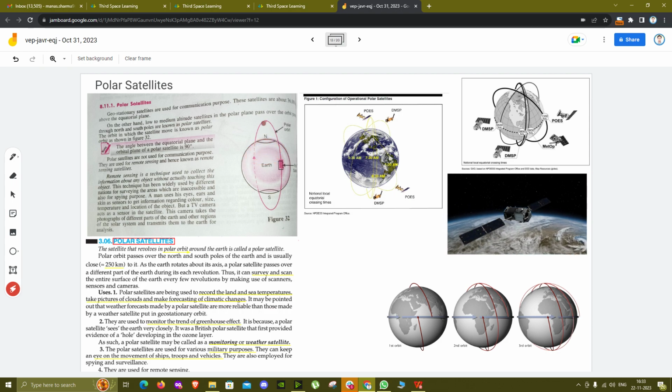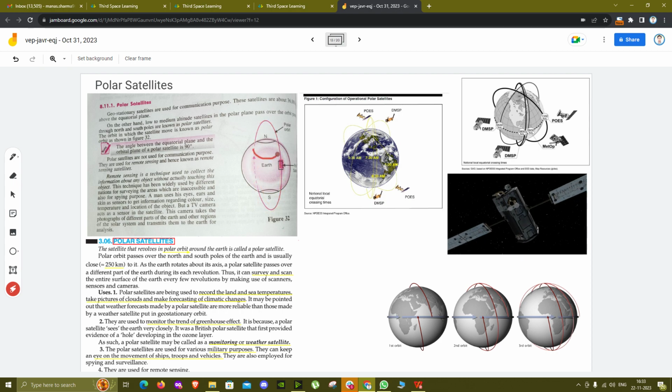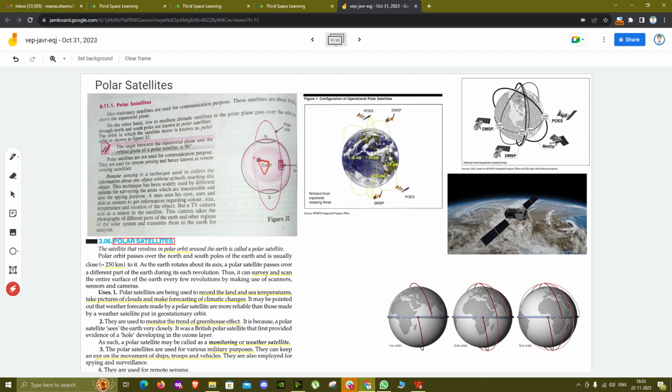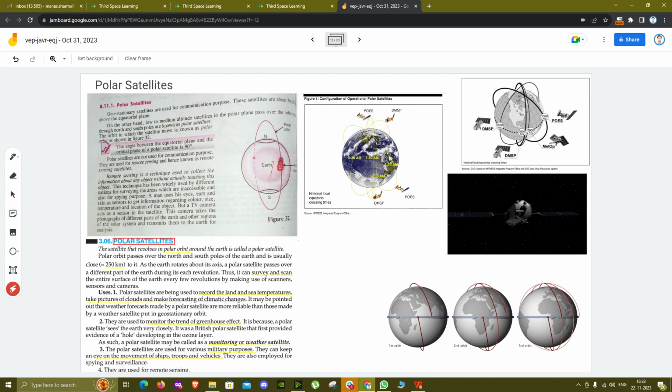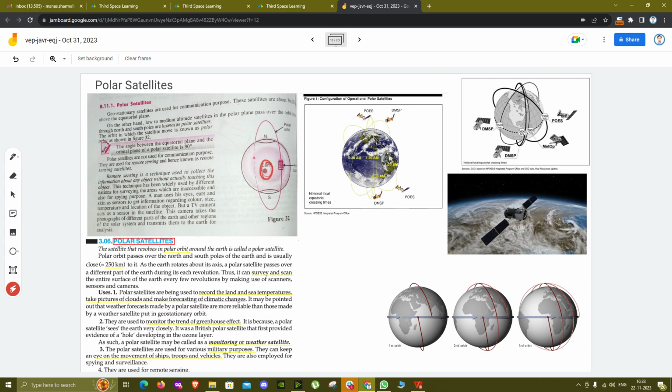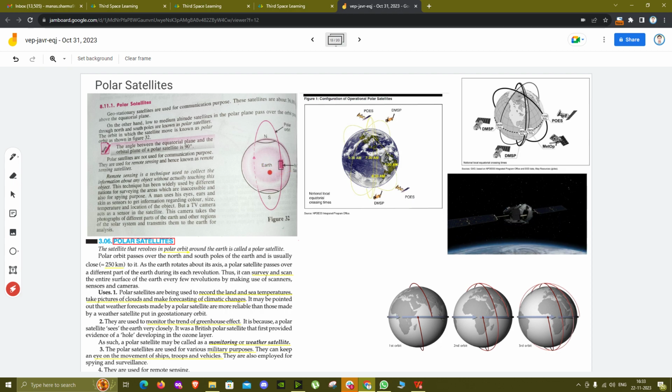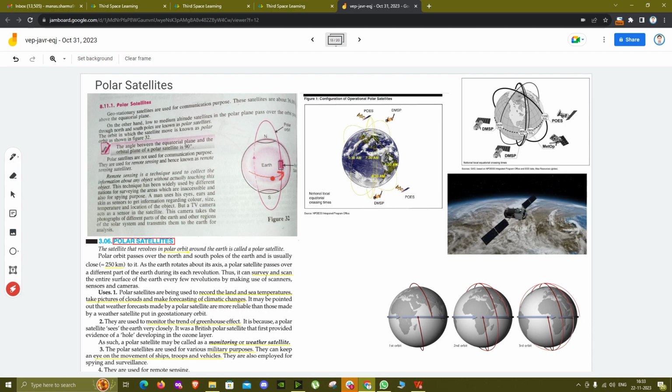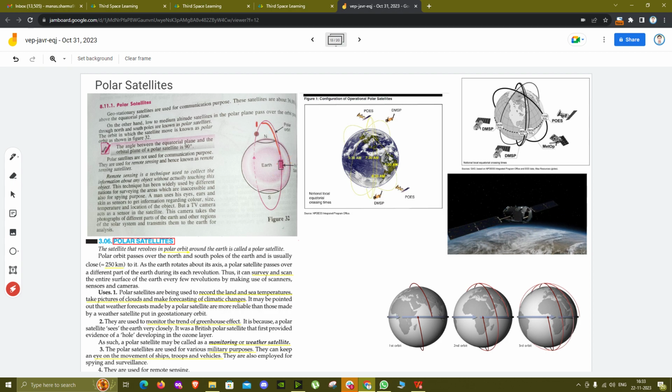Although they are revolving around a single orbit, let's say India was at this position in the morning, and the satellite was here, so it took pictures of India. Now after 5 hours, Earth will be somewhere else. The particular continent will be here somewhere, and the satellite will be here somewhere.